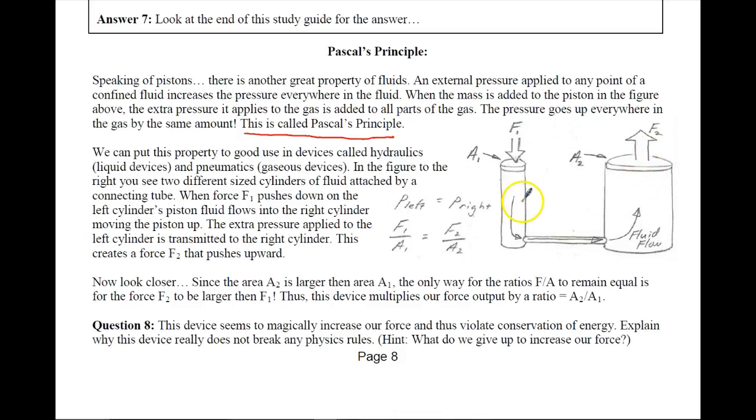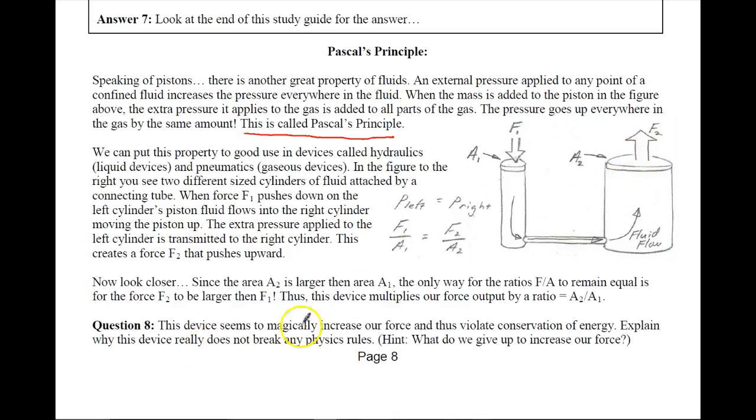The extra pressure applied to the left cylinder is transmitted to the right cylinder, and that creates a force pushing this up. Now, if I look closer, I see that the area of A2 is bigger than A1. And so we can use the ratios of the two to figure out how much it will multiply our force. So when I push down here, I don't need as much force to lift something very large.